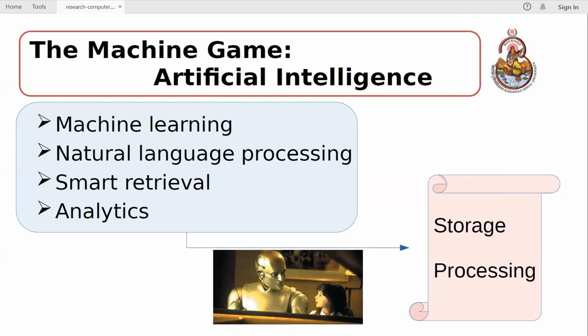If you speak with the system, it can answer you like you are talking to a human being. Because of improved processing, today we are working with machine learning and smart retrieval, and this is happening because of the wonderful analytical capacity which we can generate within the computer.